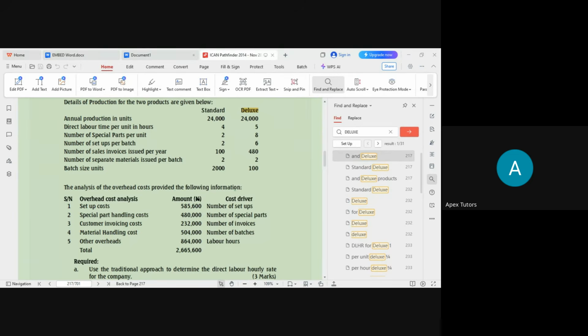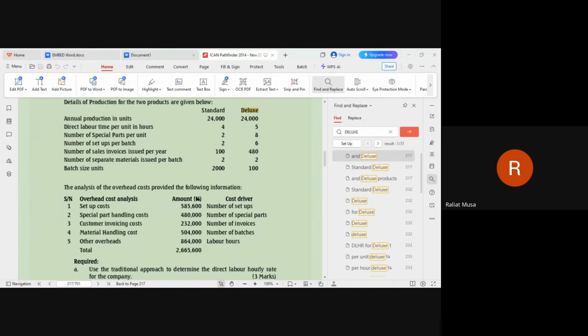Yes. So for that overhead, since they said our cost driver is labor hour, we are going to use the direct labor time per unit in hours, the 4 and 5. We are going to multiply it as usual with the product, then divide it into the other overhead cost.